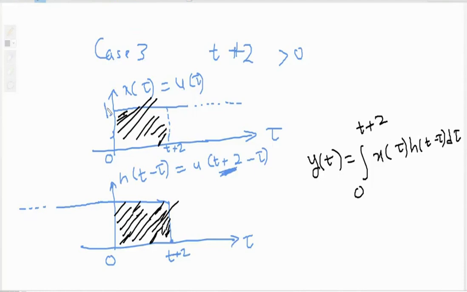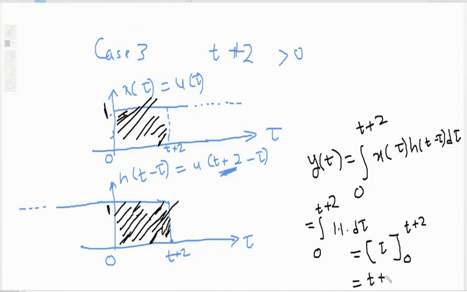Unit step has amplitude 1. So substitute: integration 0 to t plus 2, 1 dot 1, d tau. Integration of d tau is tau with the limits 0 to t plus 2. So the final answer is upper limit minus lower limit. So t plus 2 minus 0. So the final answer is t plus 2.